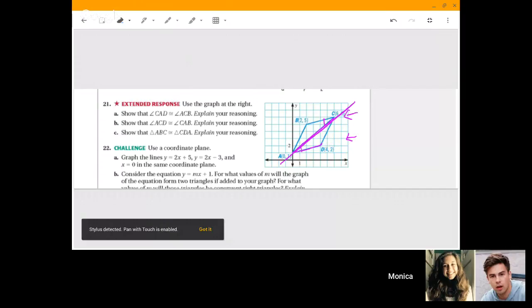So we can calculate slopes easily because it gives us those points, right? The slope of BC is going to be 6 minus 5 over 6 minus 2, which is 1 over 4.